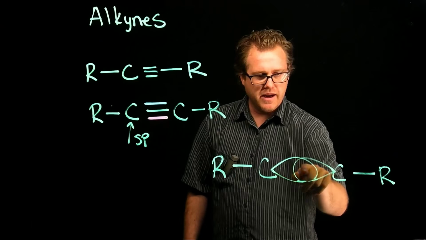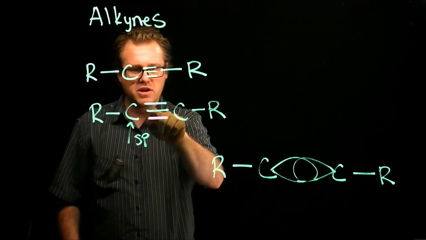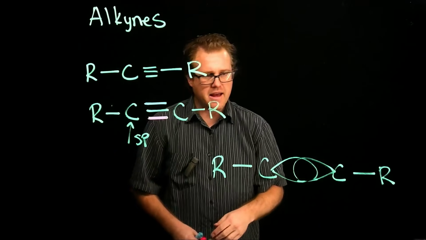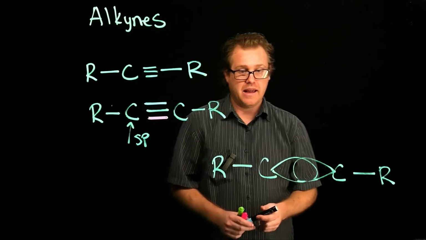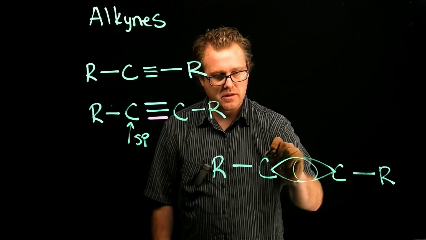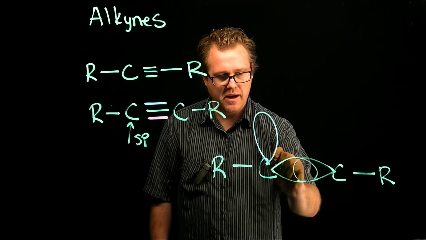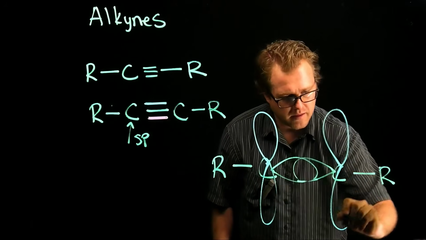So this bond right here is the sigma head-to-head overlap, which is the green one. And then the blue one is going to form a pi bond from p orbitals. So I'll draw a p orbital there, p orbital there, p, p.